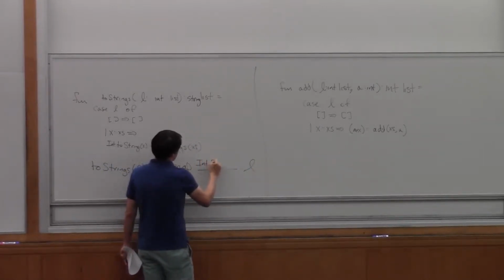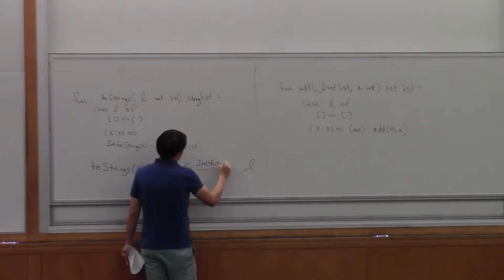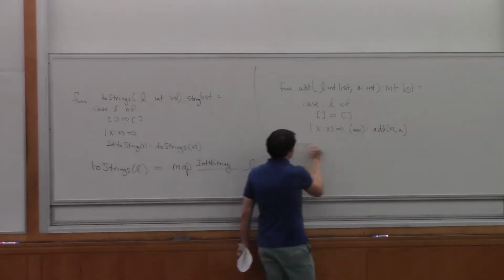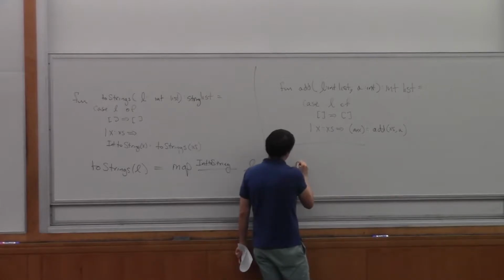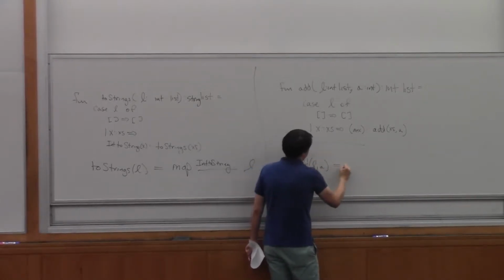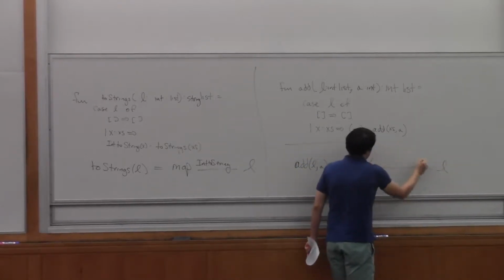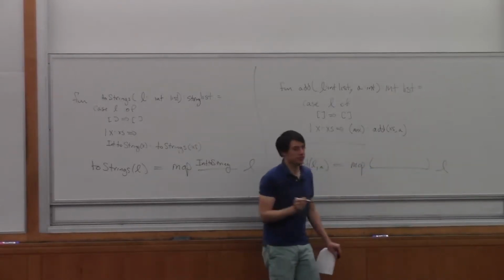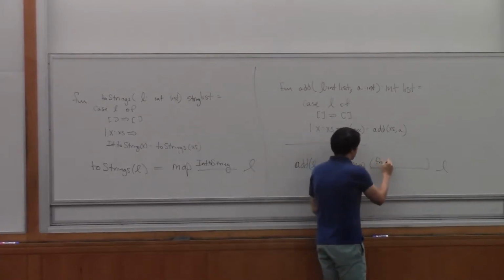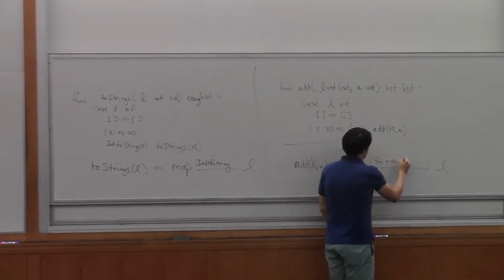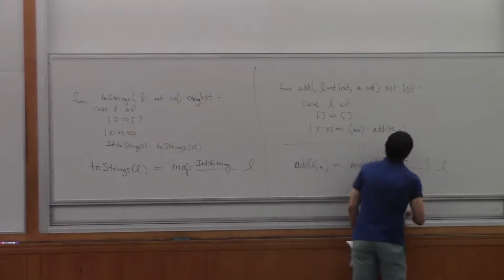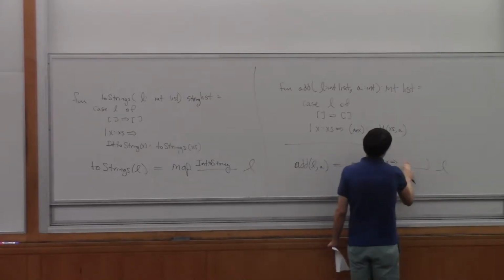It's the toString function. And if we are to define this one, then add a of L is mapping something on L. What's the something? Well, it's the function that takes an x and adds, which way did I do it?